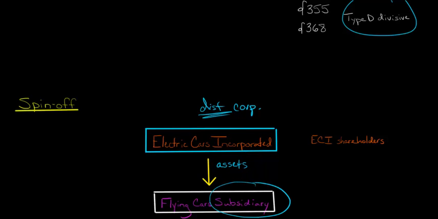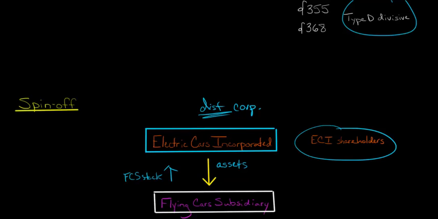Now what's going to happen is they're giving the assets to the subsidiary, and then they're going to receive stock in this subsidiary in exchange. So there's going to be FCS stock, and that FCS stock is going to go back to ECI. Now, what ECI is going to do is the FCS stock, the flying car subsidiary stock, is going to go to the ECI shareholders, right?